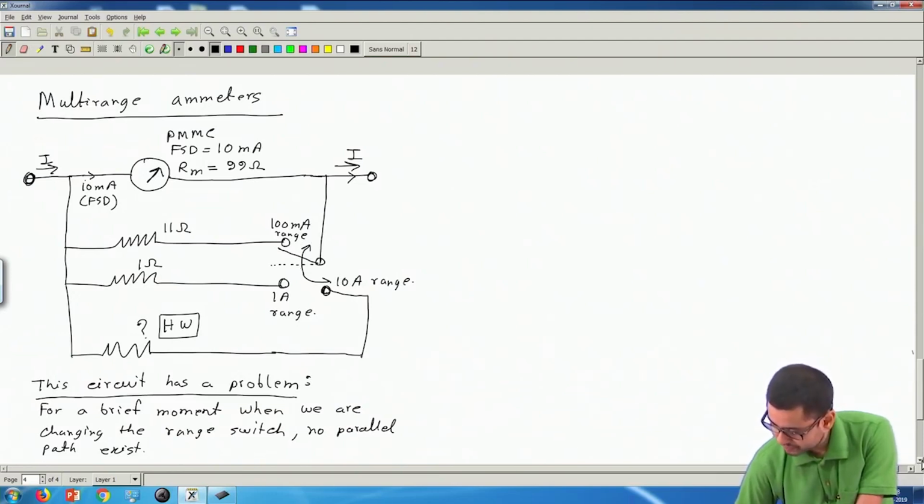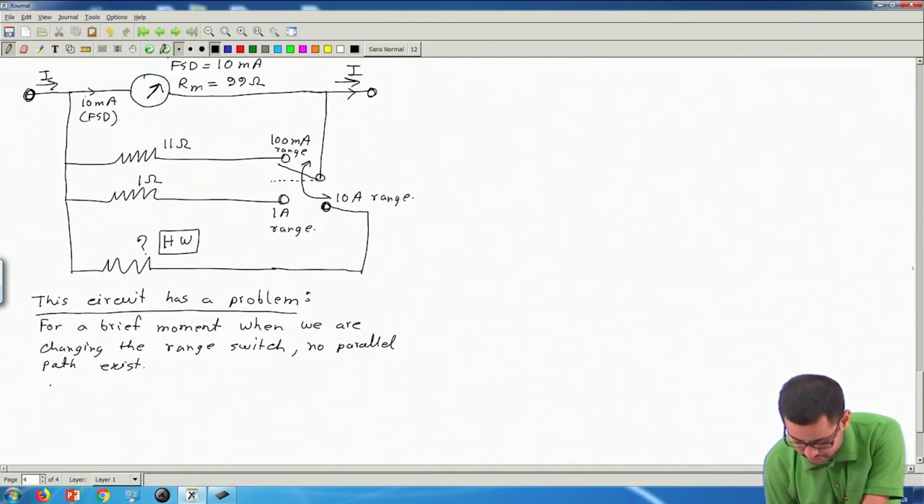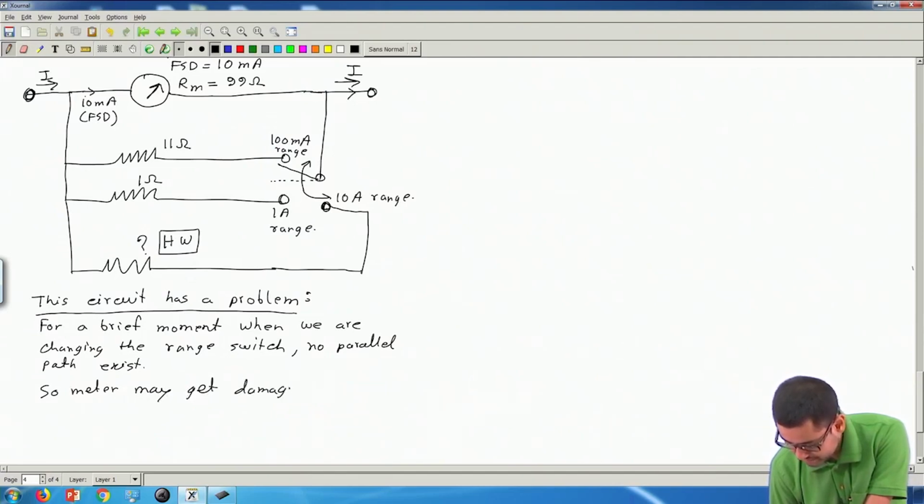Okay. So the meter may get damaged due to a high current in this brief period of time.